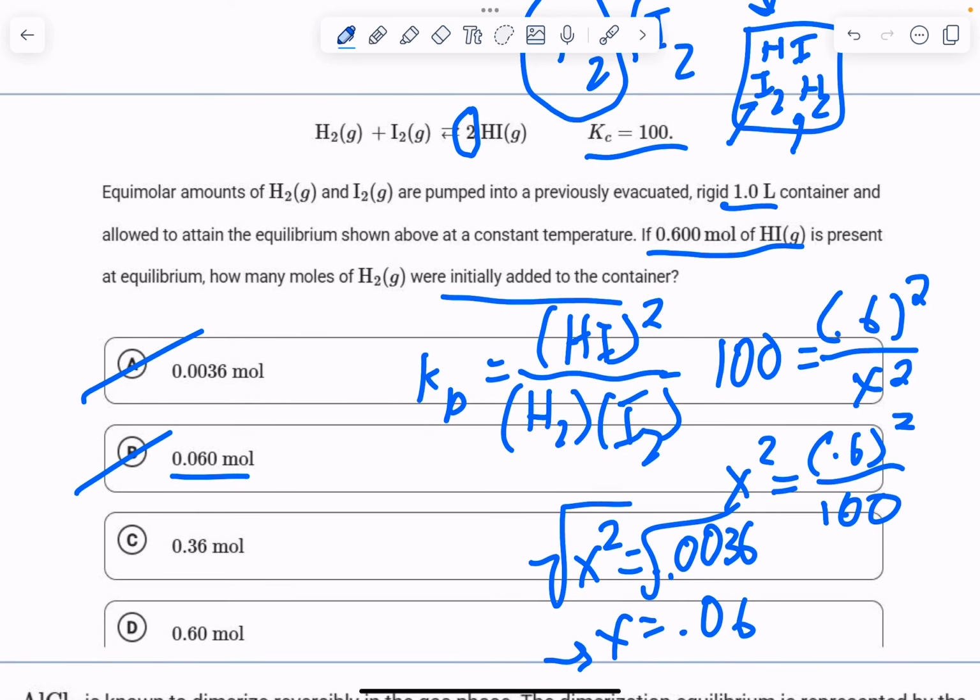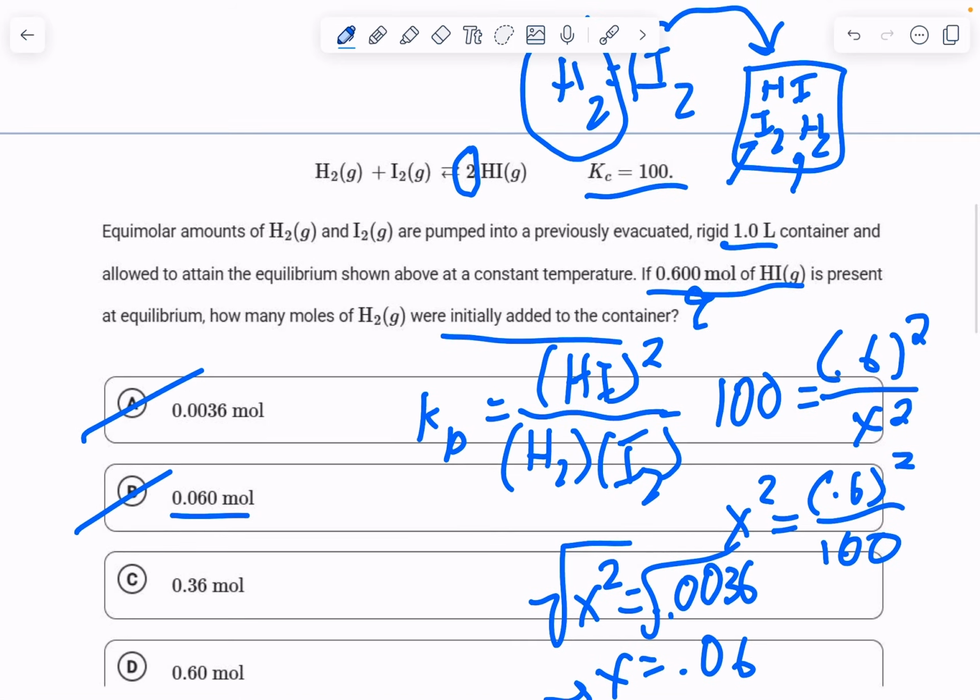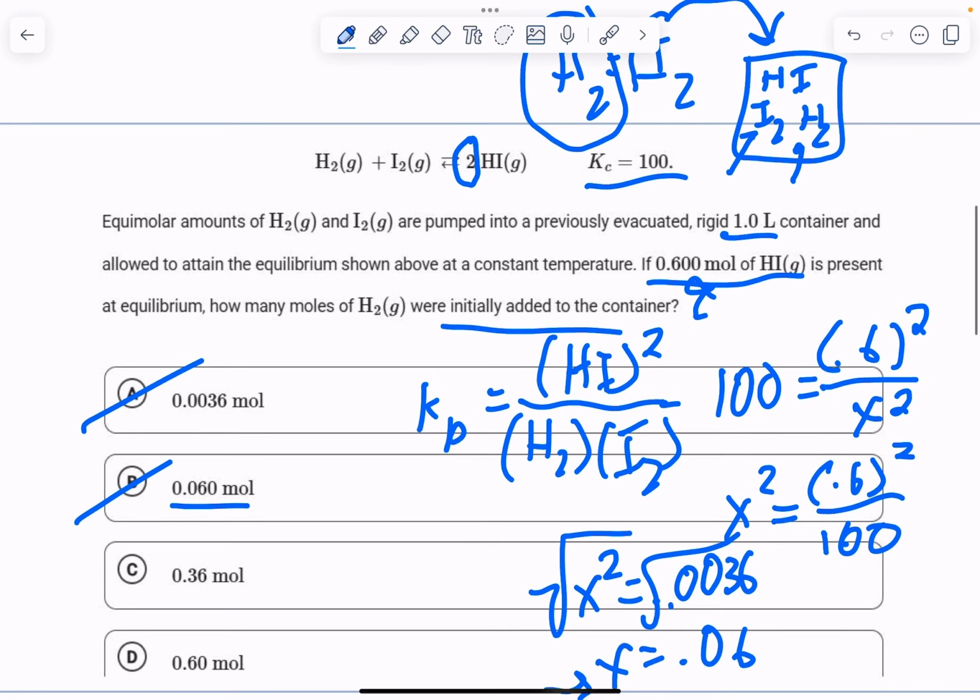So at least if you think it out logically, you're 50-50. How do we figure out the rest of it? Well, that comes from how much was made, and this is stoichiometry.